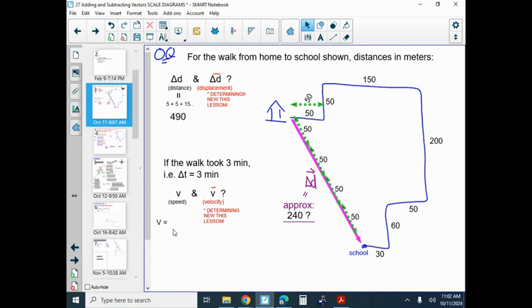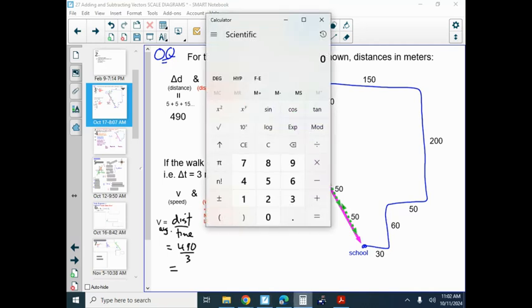So your average speed overall would be your total distance, that 490, if I got that right, divided by the time, which was 3 minutes. So we're looking at 490 divided by the 3, giving us about 163 meters per minute.